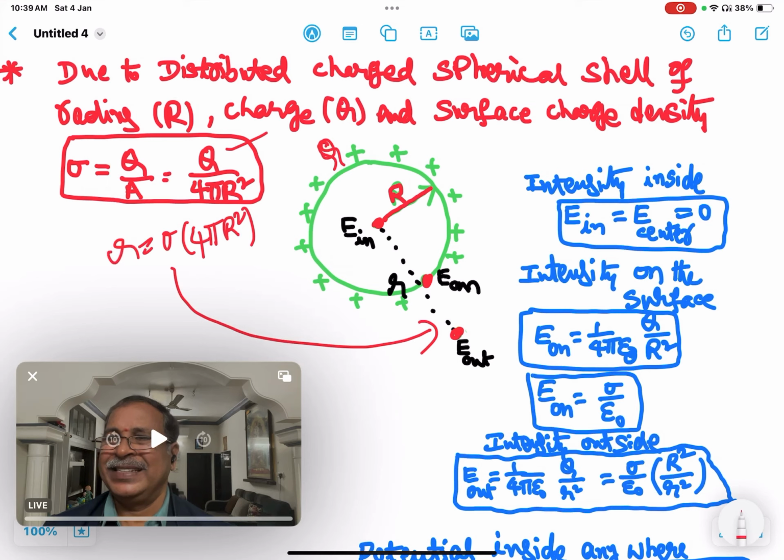Now I want the intensity outside. Outside means the distance is given as small r, so q by small r square. If you substitute the q value here, then 4 pi gets cancelled, and we get sigma by epsilon naught into capital R square by small r square.